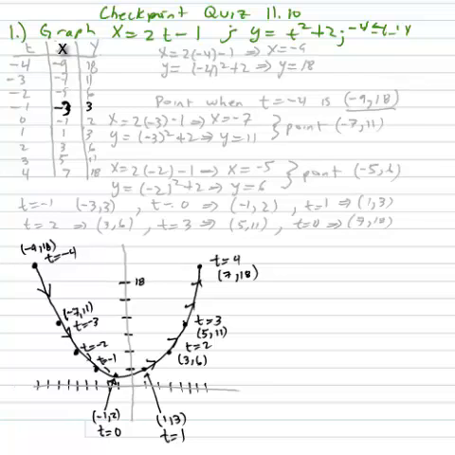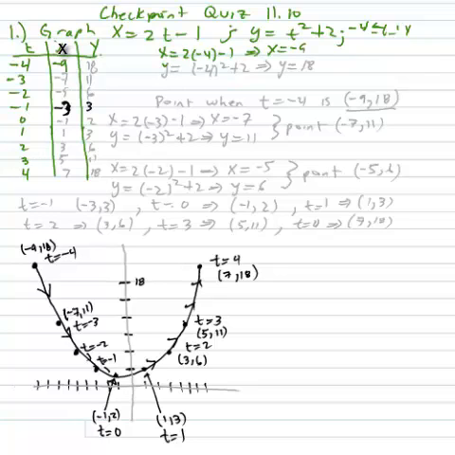In a problem like this, we can make a table of values. t is going from negative 4 to negative 3, negative 2, negative 1, 0, 1, 2, 3, and 4. Now let's compute the corresponding x and y values. When t is negative 4, x will be 2 times negative 4 minus 1, which simplifies to negative 9.